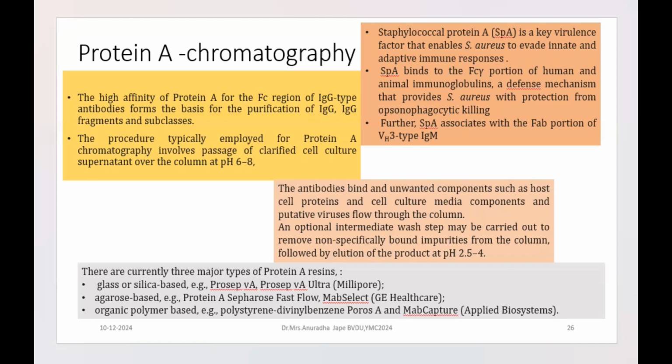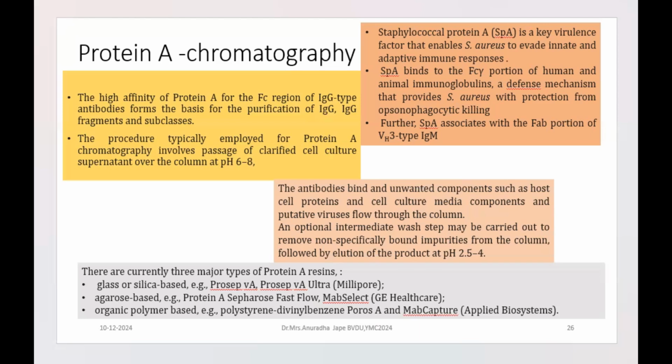So this is about the medical microbiology part of it, the progression of the disease and virulence factor of the bacteria. But this particular interaction between the bacterial protein A, SPA of Staphylococcus, and the antibody, this biological specificity between these two is explored in chromatography, and that is where it comes as protein A chromatography.